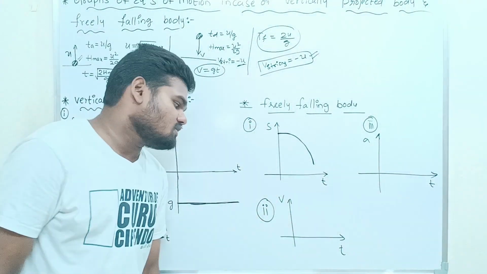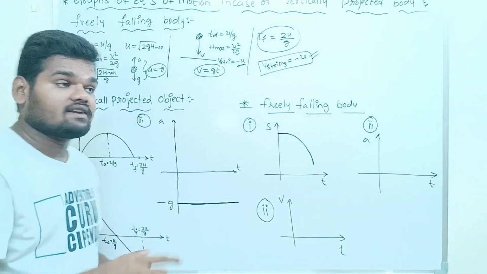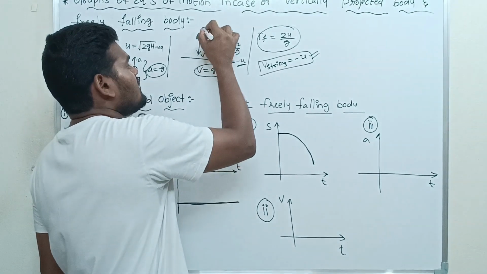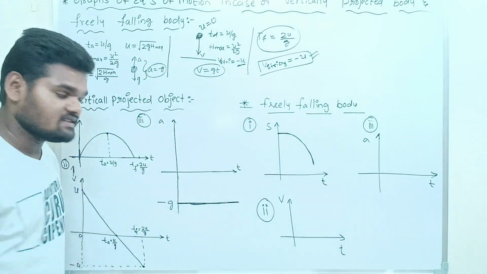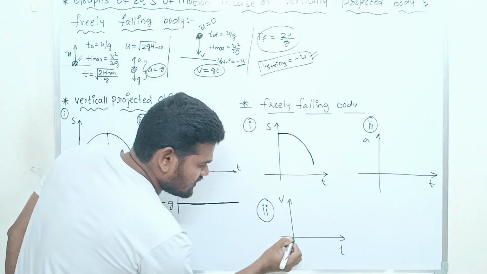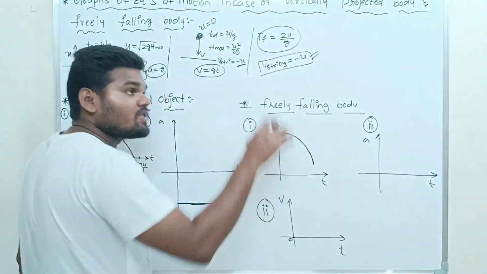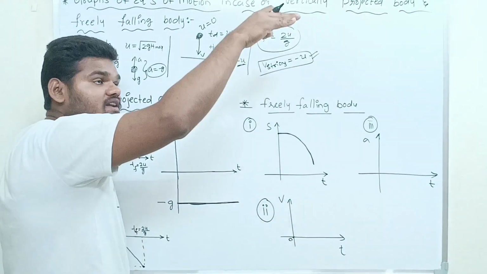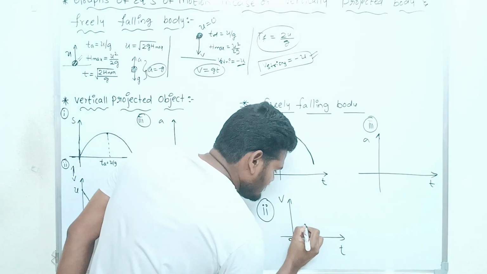If you come to velocity, in case of a freely falling body the object is at maximum height, and at maximum height its velocity is 0. So at time t equals 0, the velocity of the object is 0, and it moves towards the ground. Whenever the object moves towards the ground, its velocity increases gradually.